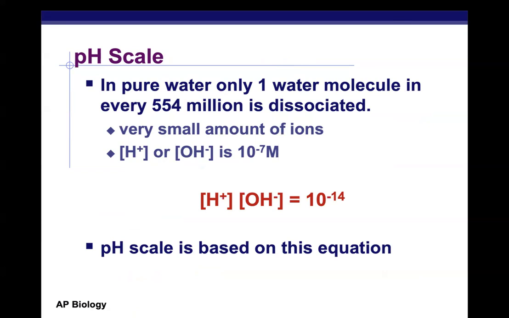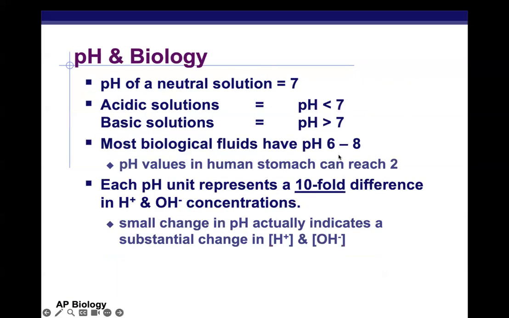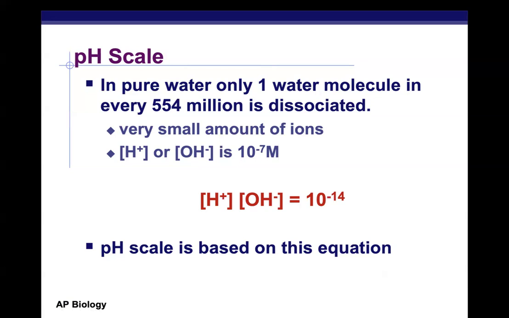In fact, only one water molecule in every 554 million breaks apart into H and OH. It's a very small amount of ions. Right? So water is neutral because it hardly at all increases the hydrogen ion or the hydroxide ion concentration when it's in water.